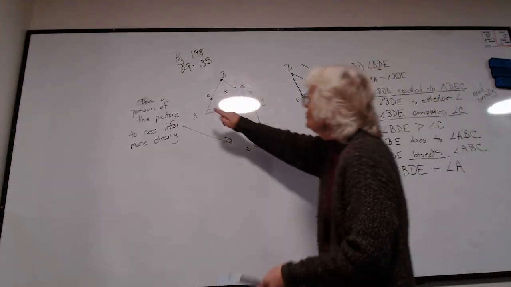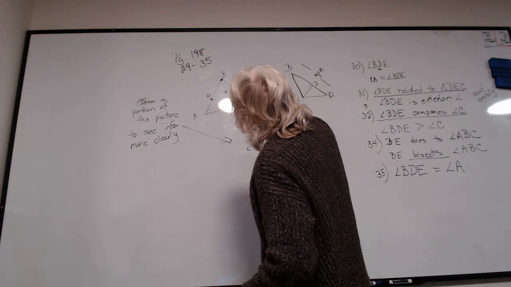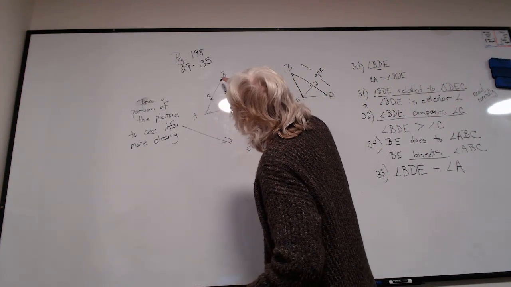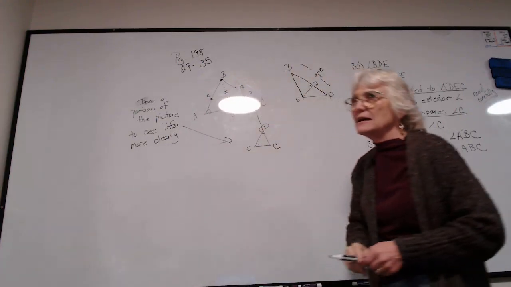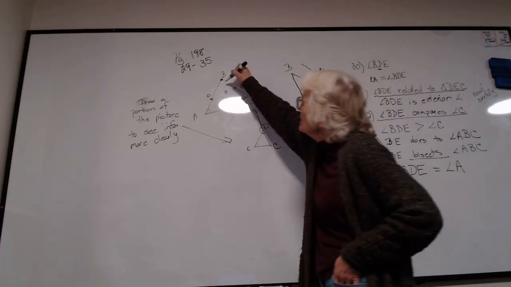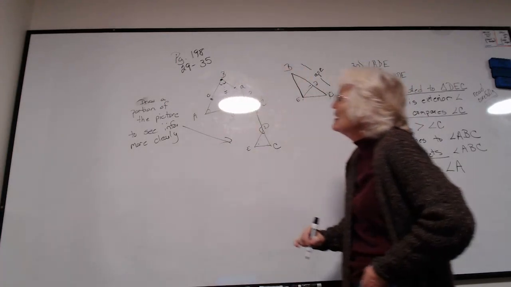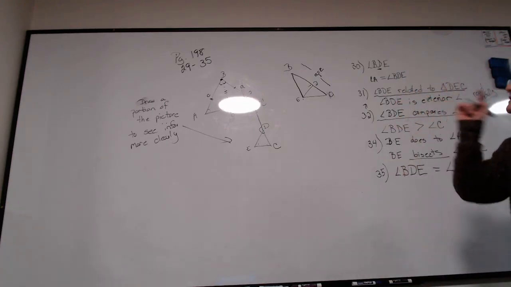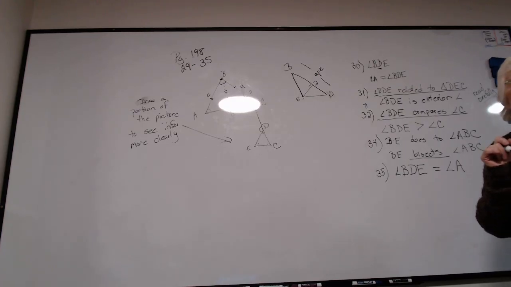Okay. So there's two triangles, ABE and, let's see, ABD, it would be DBE. Okay. Well, what do I know about these? We just said BE bisected it. So what can I say about these two triangles? Are they congruent?